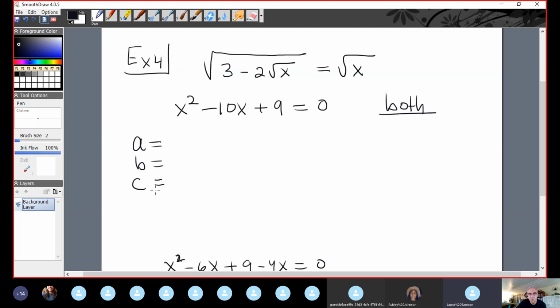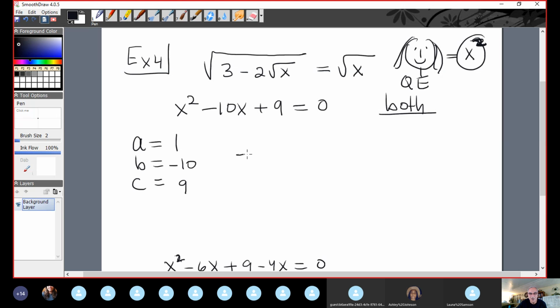How do you recognize this? I pay attention because it's x squared. This is the clue that gives me the information that this is called a quadratic equation. A is 1, B is -10, and C is 9.